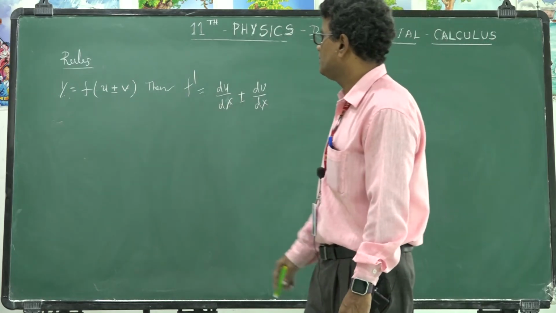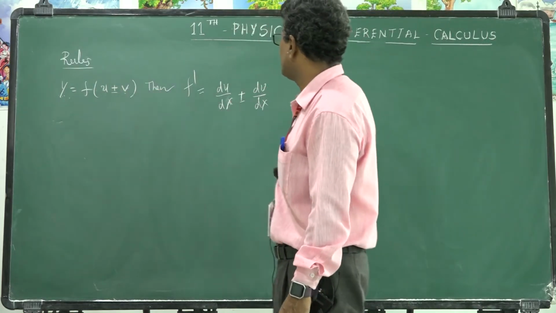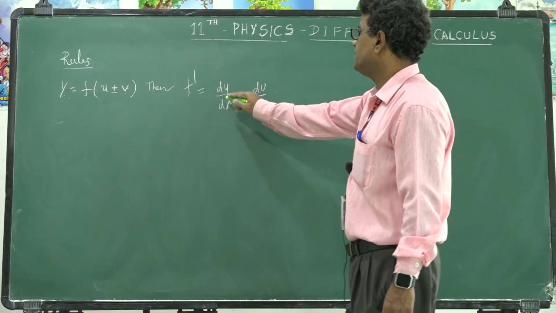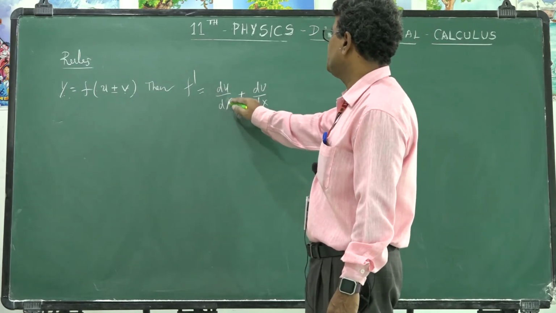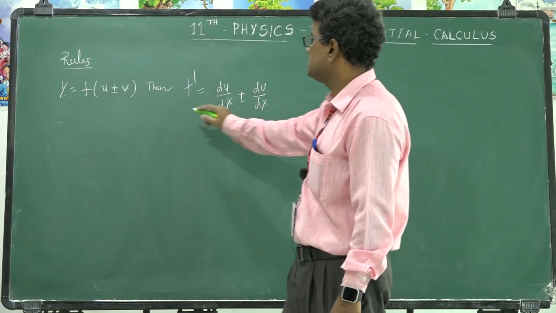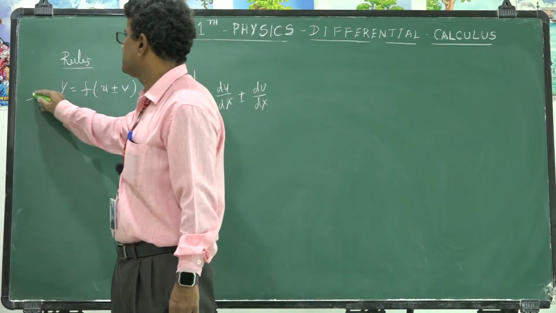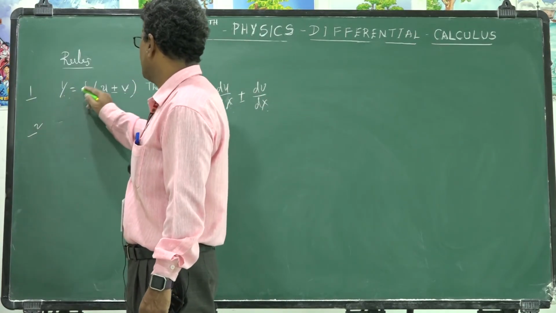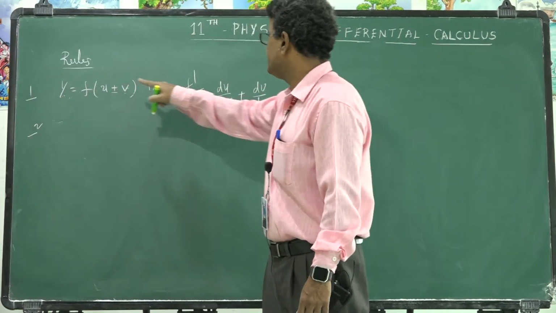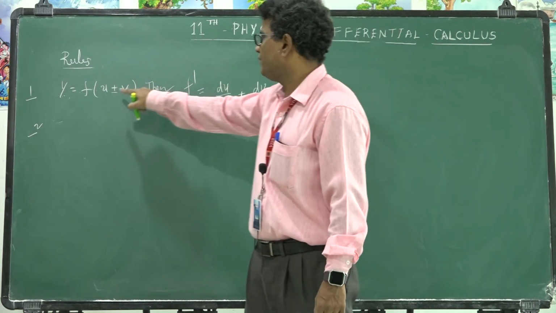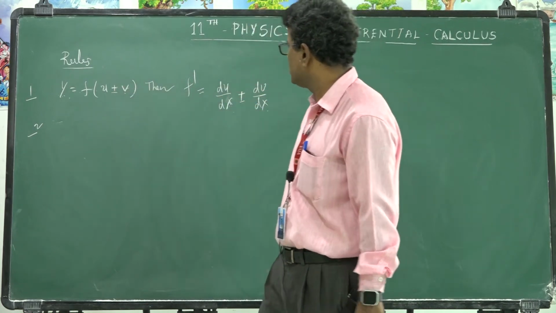U is a function of x, v is a function of x. So you differentiate with respect to x, du by dx plus dv by dx. This is the addition rule, rule number 1. So addition or subtraction: if it is plus here, you use plus. If it is minus, use minus.